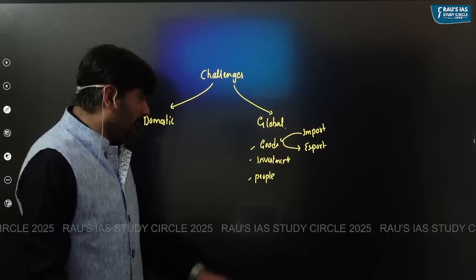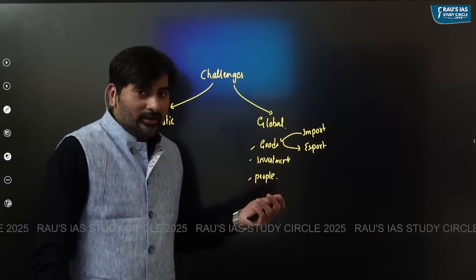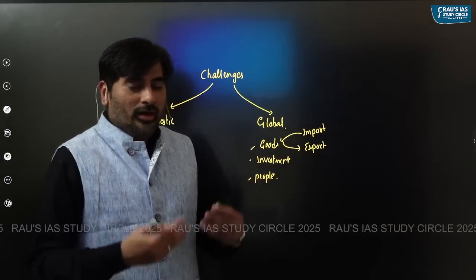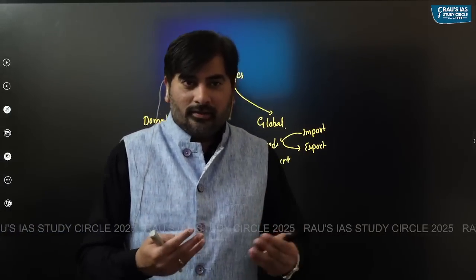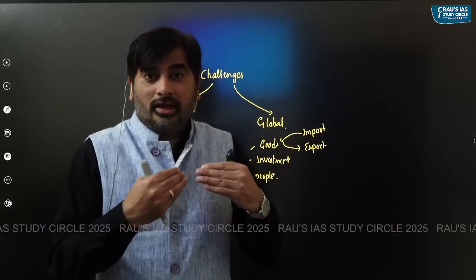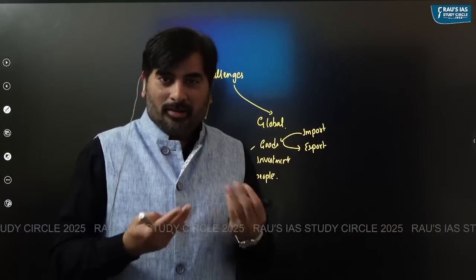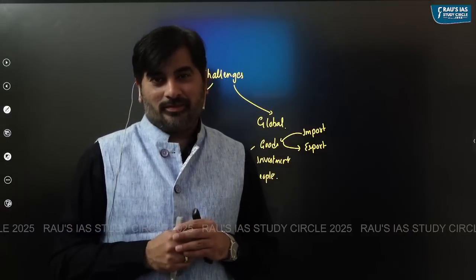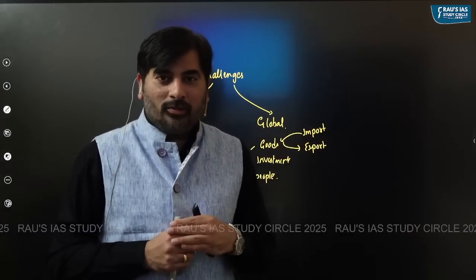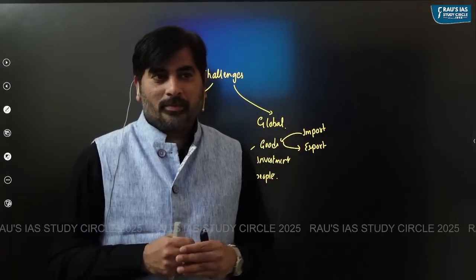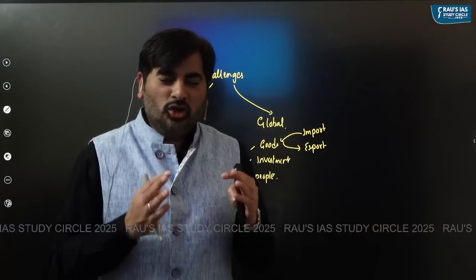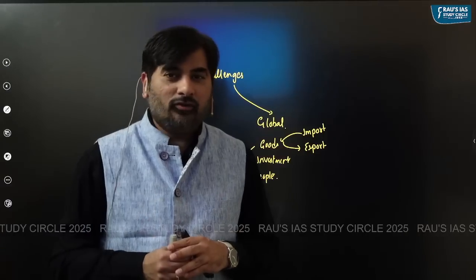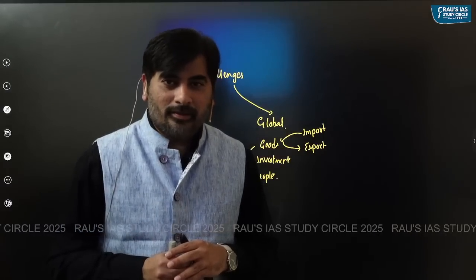At the same time, as far as people are concerned, a country can actually export human resources, particularly when a country has an abundance of human resources. By exporting human resources to other countries, such a country can earn huge amounts of money in the form of remittances, right?